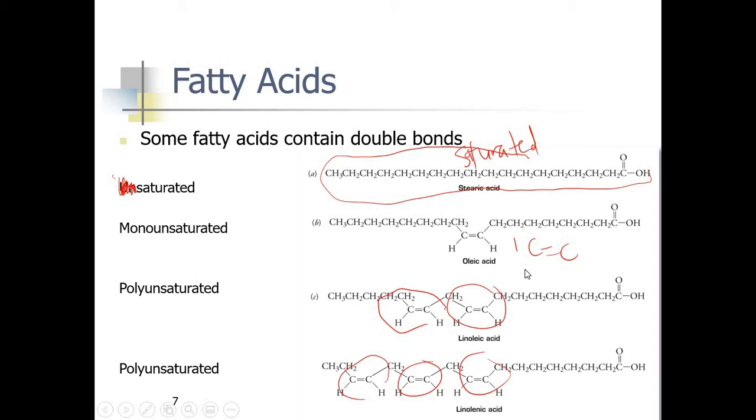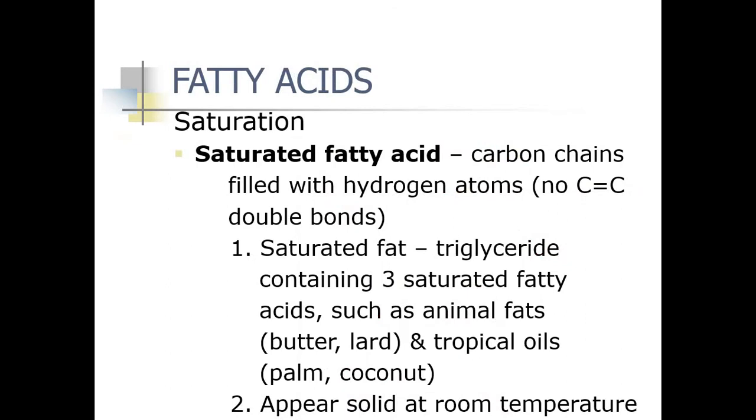You don't need to memorize everything, but you at least have to recognize these common fatty acids. Again, a saturated fatty acid like stearic acid contains no carbon-carbon double bonds.